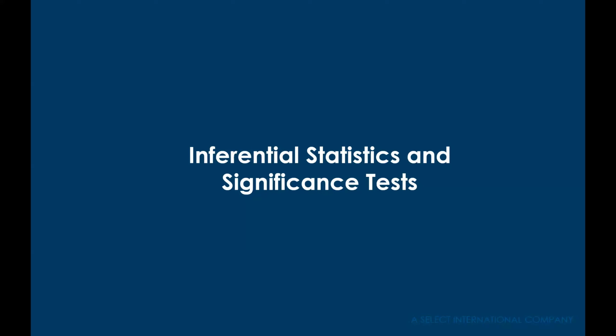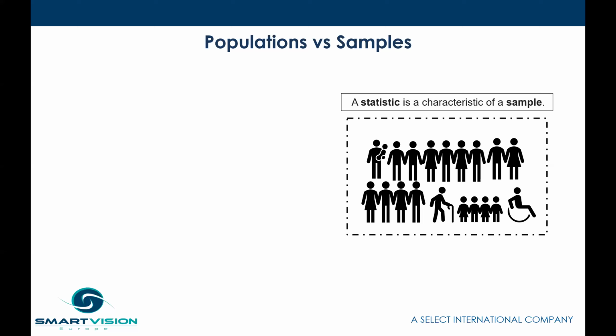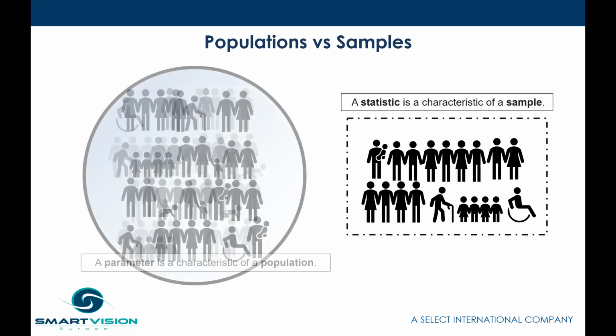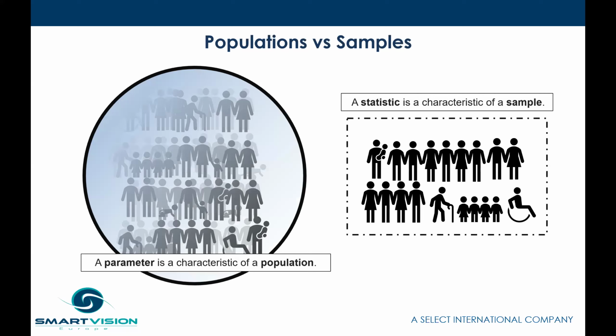But suffice to say, we need to talk about inferential statistics before we can get to significance tests. Inferential statistics simply refer to the fact that we're trying to make an inference from something. A statistic is a characteristic of a sample. A characteristic of a population is called a parameter.